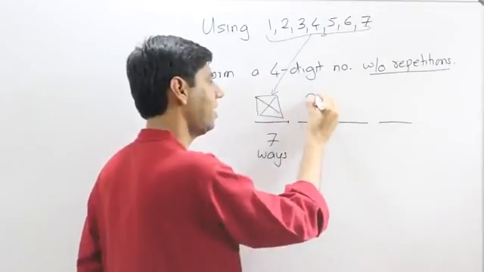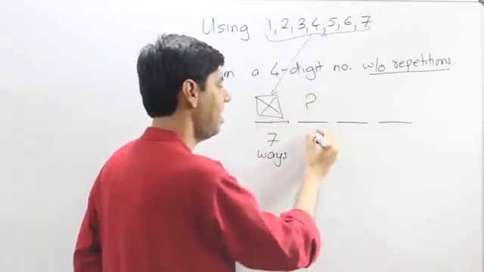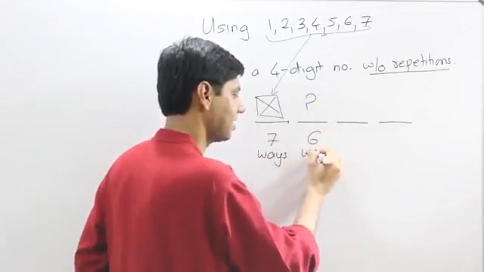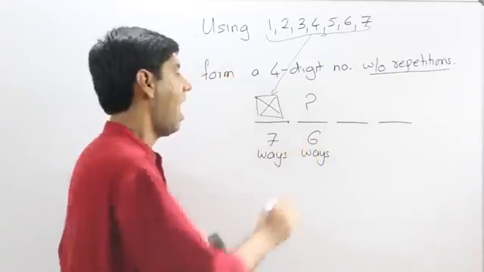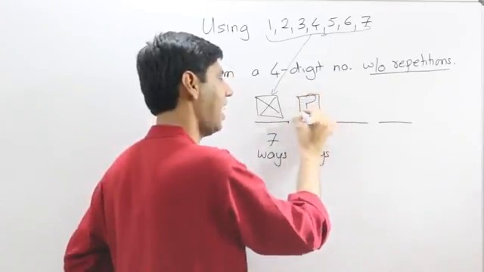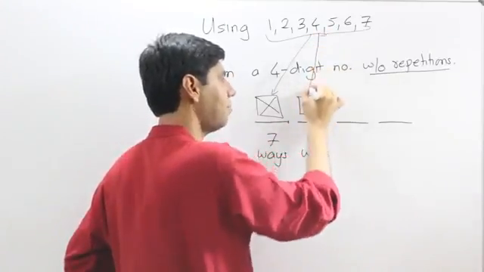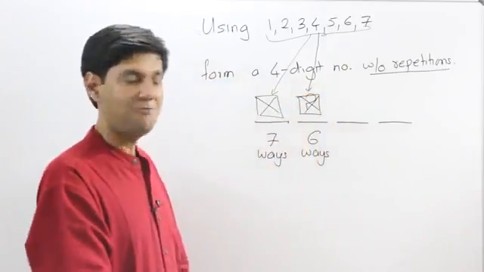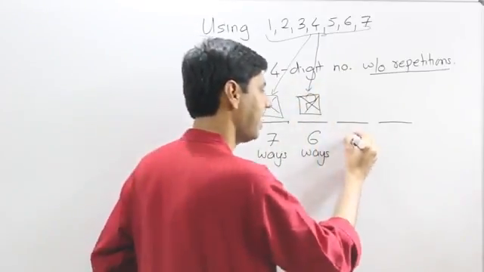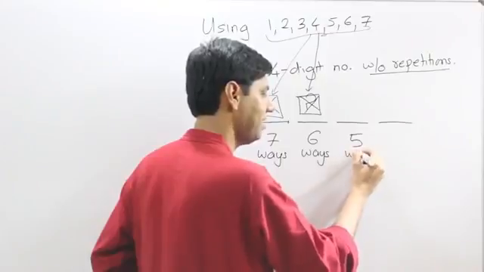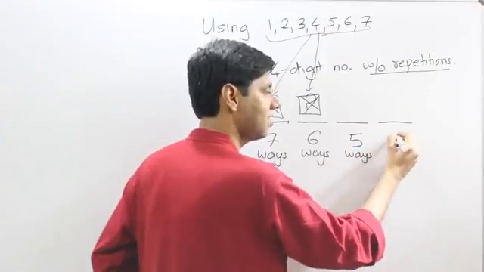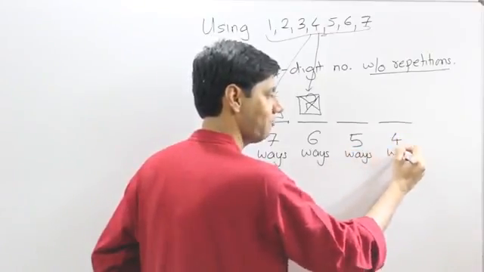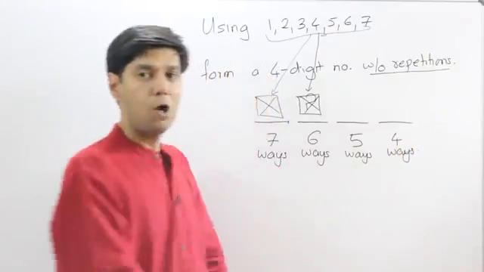So the second one, in how many ways can I fill this in? The answer is going to be 6 ways. Having filled this digit as well, one more number goes out and I am left with 5 now. So the hundreds place could be filled in 5 ways, and by the same logic the units digit could be filled in 4 ways. What do I do to them?